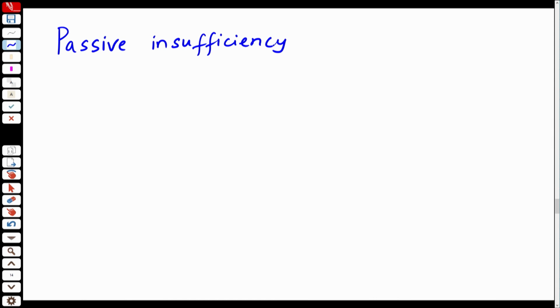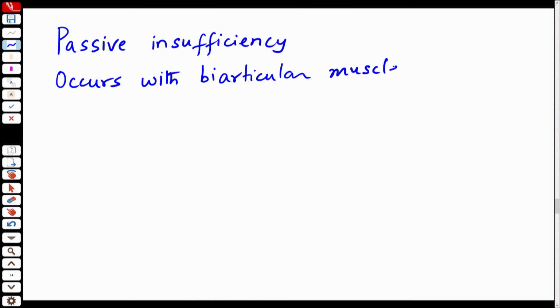Again, you see this with muscles that cross two joints, because that is when you can get them to operate at more extreme positions. So, if you look at passive insufficiency, the muscles cross joints at the same time.